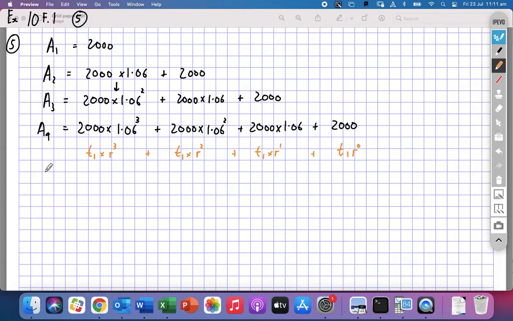So given that our geometric sequence formula, let's write geom sequence, general term formula looks like this, T1 times R to the n minus 1. You can see, right, there you go, there's T1.